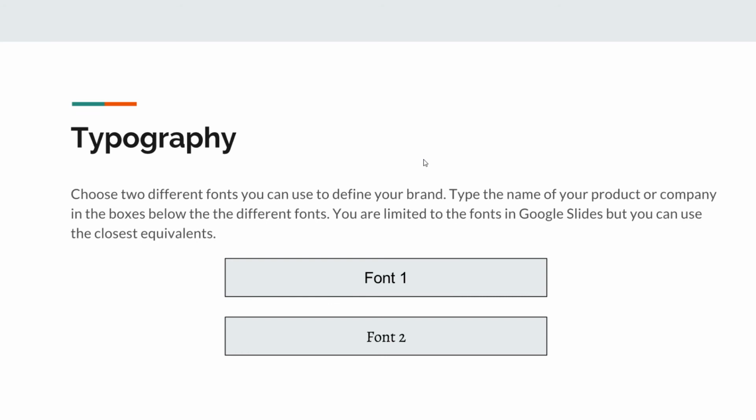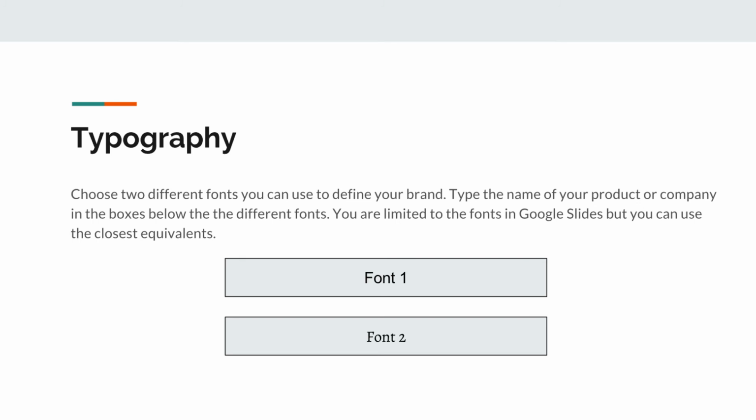Typography. You want to choose different fonts that are going to define your brand. Let's say you had a traditional company and a traditional business that was more urban and exclusive, but your font was Comic Sans, right? That doesn't really send the right message. So you want to pick fonts that are going to represent your brand identity specifically, right?